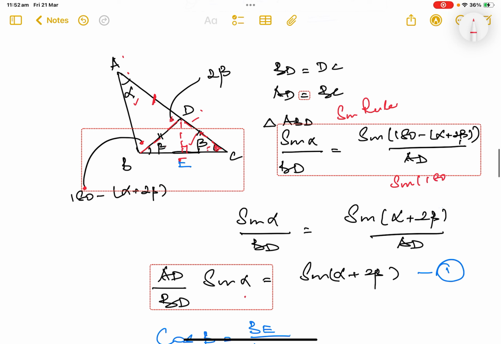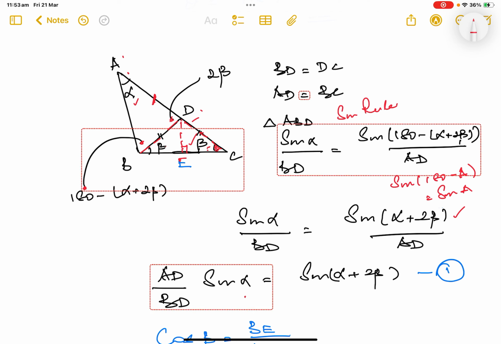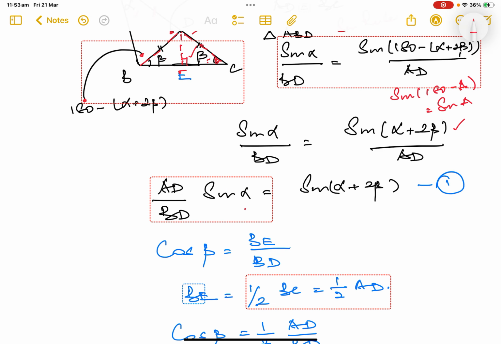Sine 180 minus A is equal to sine A, that is exactly what I did here. So sine alpha plus 2 beta divided by AD. Cross multiply: AD over BD times sine alpha equals sine alpha plus 2 beta. Just keep it that way. Let's call it equation 1.